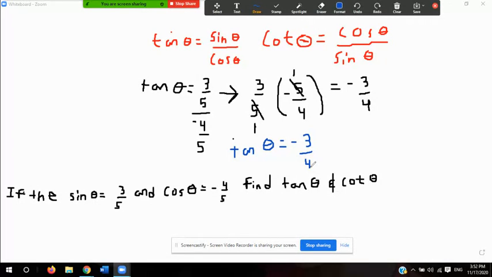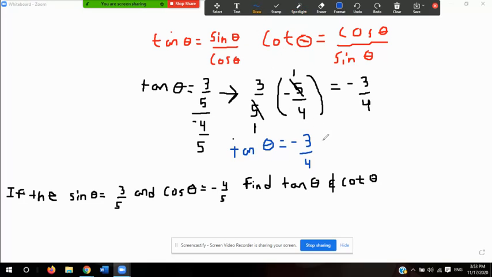So basically we have the tangent of theta, and you would probably say, well, then I have to do the same process to find the cotangent of theta, because the formula says that the cotangent of theta is the cosine of theta over the sine of theta. And that's not necessarily the case, because remember that the cotangent is the reciprocal of the tangent.